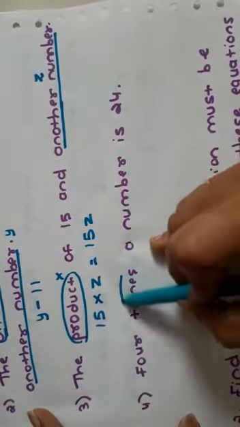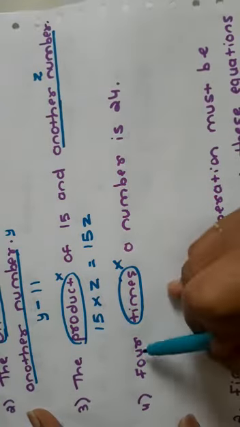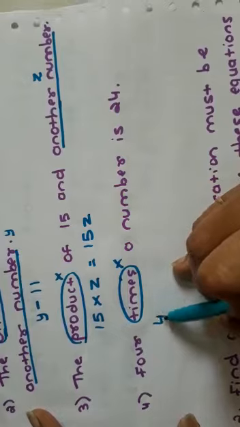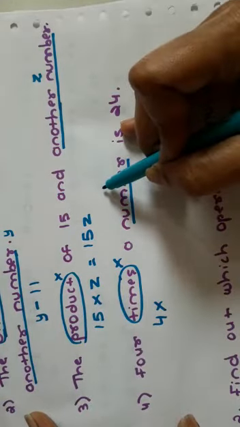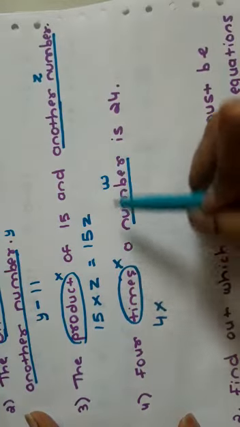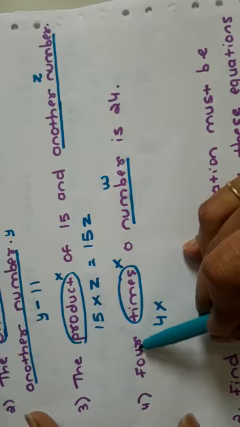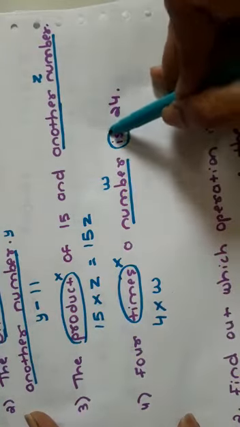4 times. Times also means multiplication. 4 times means 4 into a number. The number is not given, take it as w. 4 times w means 4 into w is.